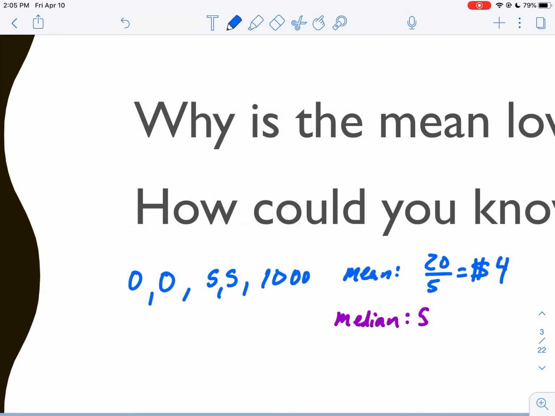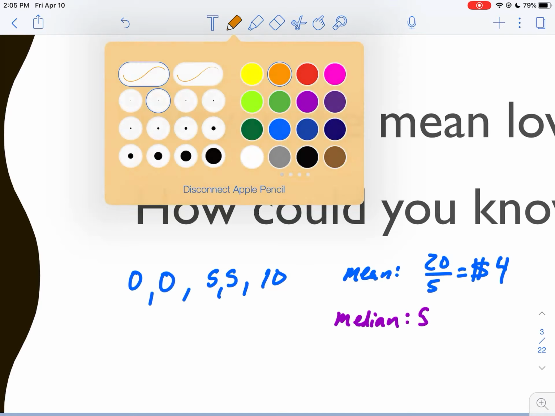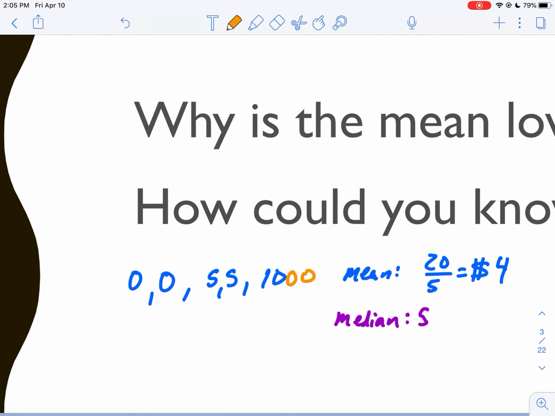All right. But now what if instead of having $10, this top person had $1,000? Now that's going to change things, right? No longer are we all going to have an average of 4. We're going to have $1,010 divided by 5 people.